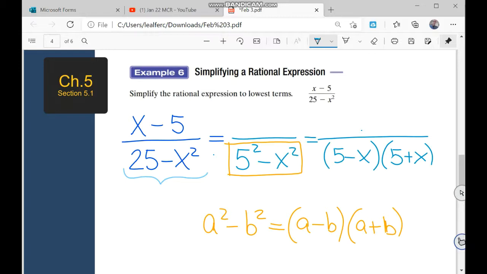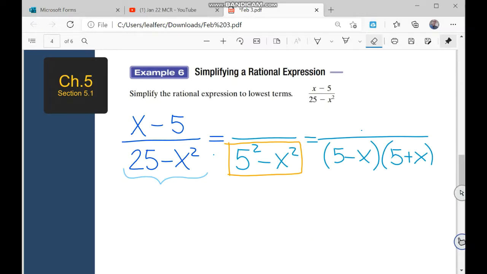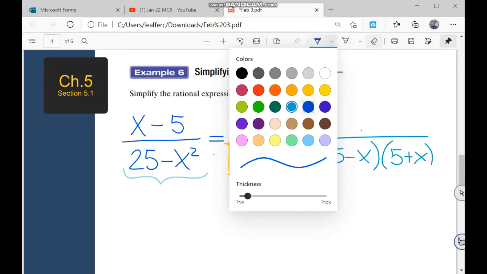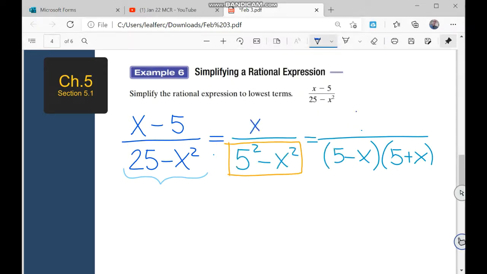Now we are getting to the point where we can compare factors. We are almost there. Let me repeat the numerator. We didn't change anything in the numerator: x minus 5. Now maybe x minus 5 and 5 minus x are opposites.